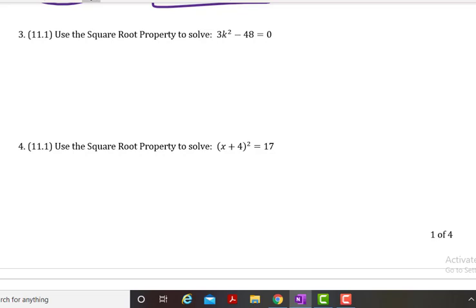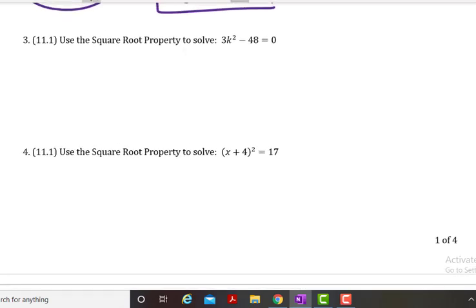Well, we see that k squared. So the first thing I'm going to do is to add 48 to both sides. When I add 48 to both sides, I end up with the equation 3k squared is equal to 48. Next, I will divide both sides by a 3.